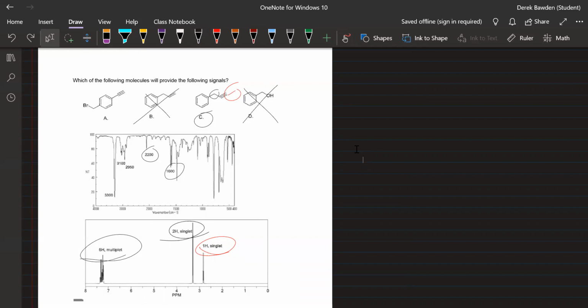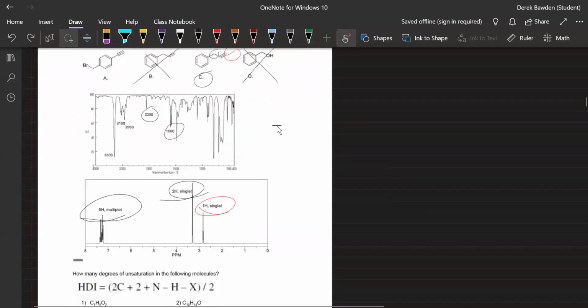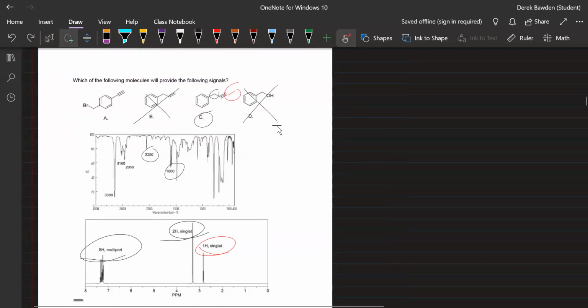So for this one, the only reason we knew it wasn't A was because we had a mono-substituted benzene ring, and A is di-substituted. That's how we determine the difference. We didn't know for sure if there was a bromine or not, but we could eliminate it because we knew the ring wasn't di-substituted.